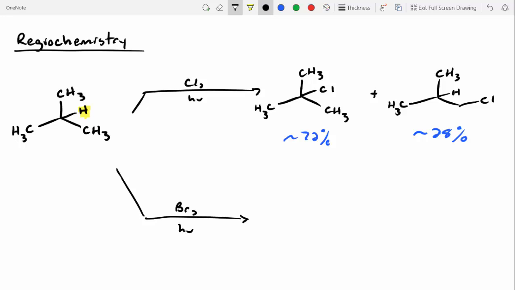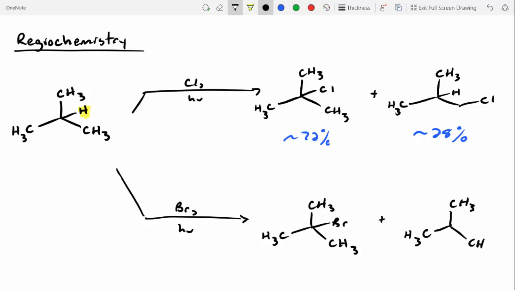So if we do Br2 in UV light, let's just, for the sake of comparison, draw the same compound.